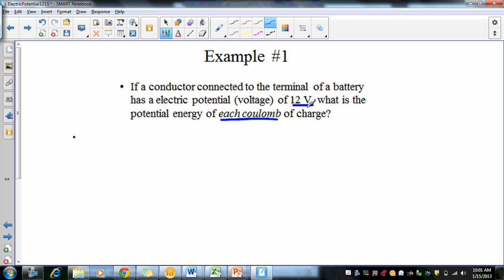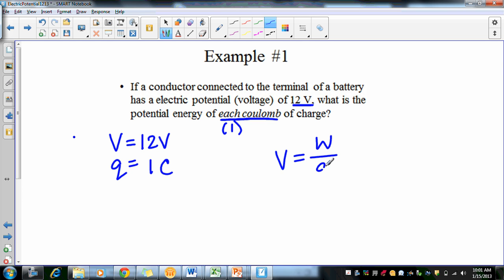We're given 12 volts, that's our V, so V equals 12 volts. And we have each coulomb of charge. So we're given charge. The word each means 1. So 1 coulomb. Our equation, V equals W over Q.